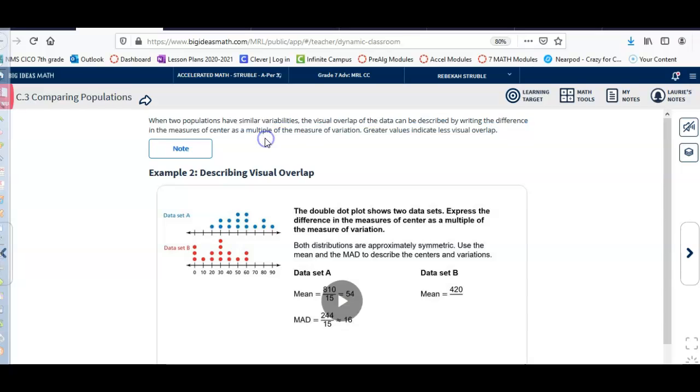When two populations have similar variabilities, the visual overlap of the data can be described by writing the difference between the measures of center as a multiple of the measure of variation. Greater values indicate less visual overlap. So here's kind of what that means.